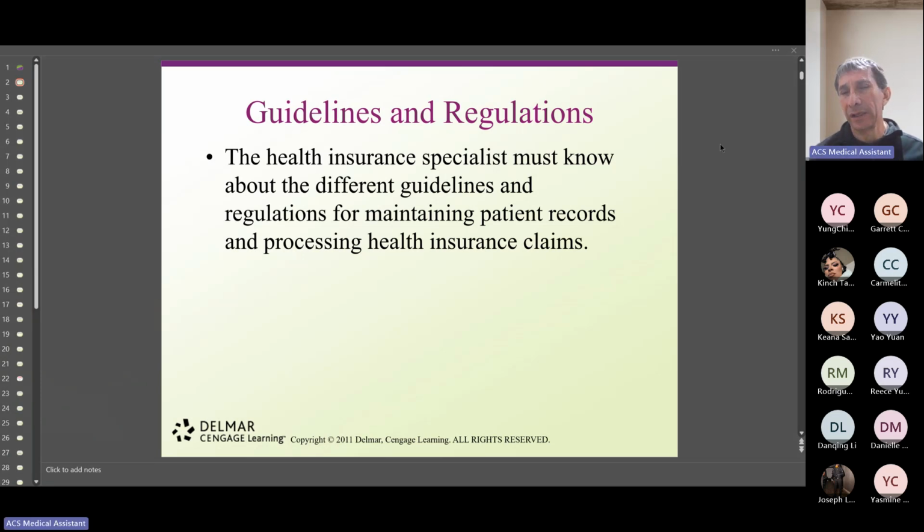Okay, so the healthcare insurance specialist must know about the different guidelines and regulations for maintaining patient records and processing health insurance claims. Remember that in order to complete these claims for reimbursement, which is the form that we're going to send to the insurance company to be reimbursed, you have to get the information from the patient's medical record.